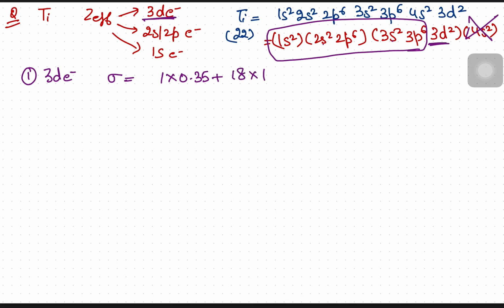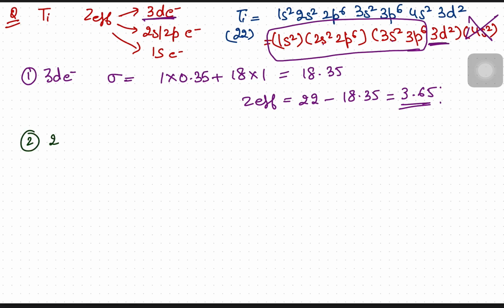This will be the sigma for the 3d electron. Now see, this is 18.35, so Z effective will be 22 minus 18.35. Calculate on your copies. It's 3.65.